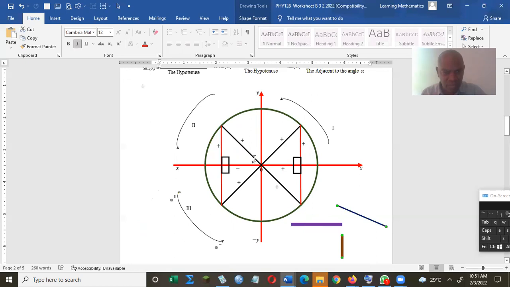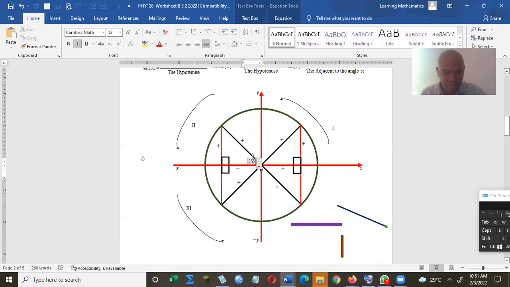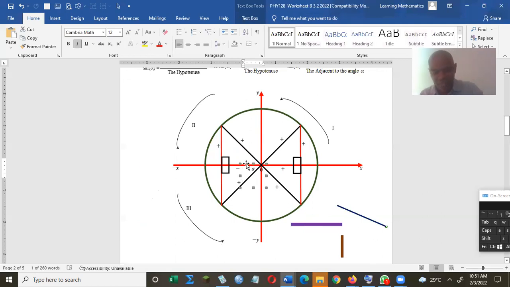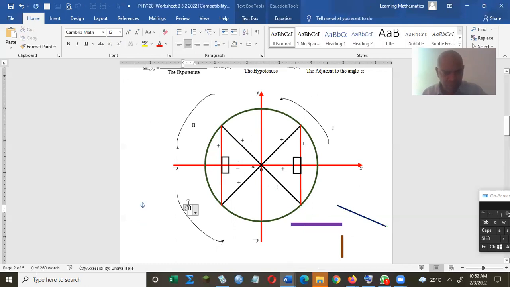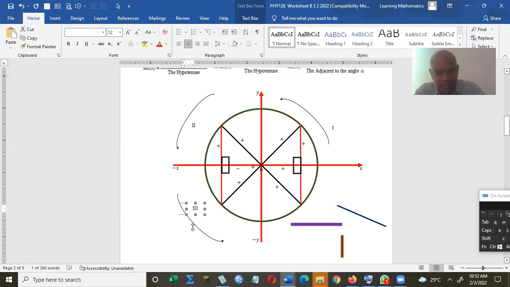Can anybody tell me what is missing in my labeling of this right angle triangle in the third quadrant? What labeling is missing?